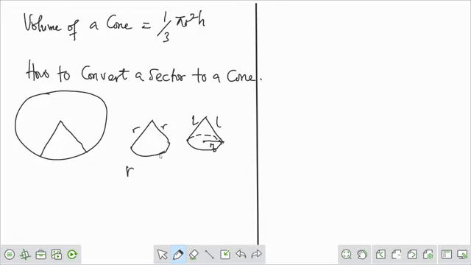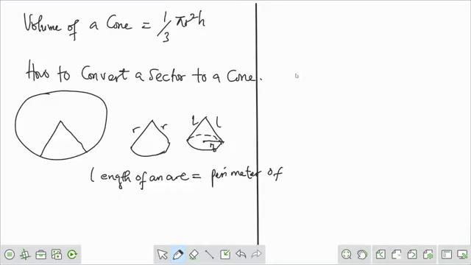You know that in a circle, you'll be saying the length of an arc is equal to the perimeter of the base circle of this cone.